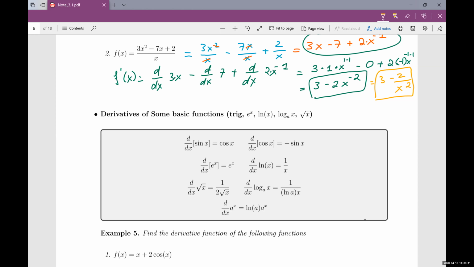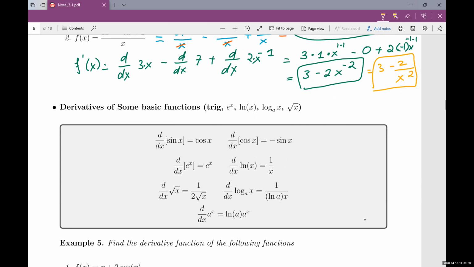The derivative of square root of x is 1 over 2 square root of x. The derivative of log base a of x equals 1 over natural log of a times x. And the derivative of a to the x equals natural log of a times a to the x. All right, these are the derivatives of some basic functions that you can see clearly here.